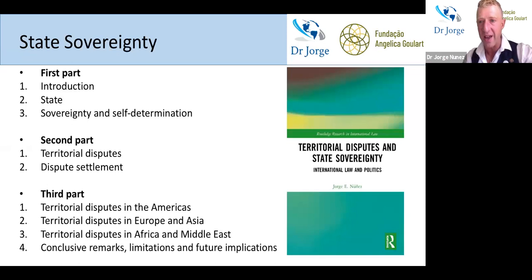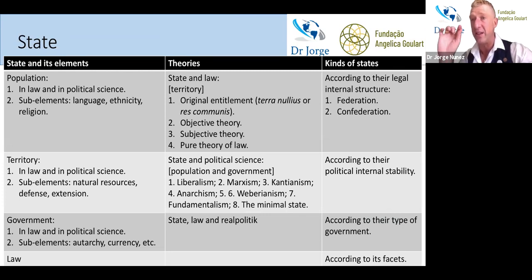The title of the book is Territorial Dispute and State Sovereignty, so all my chapters are related to those two concepts. My chapter 2, the whole title of the chapter, is State. The intention, the aim behind the chapter is to explore the concept of state, between inverted commas, through three sciences: law, political science, and international relations.